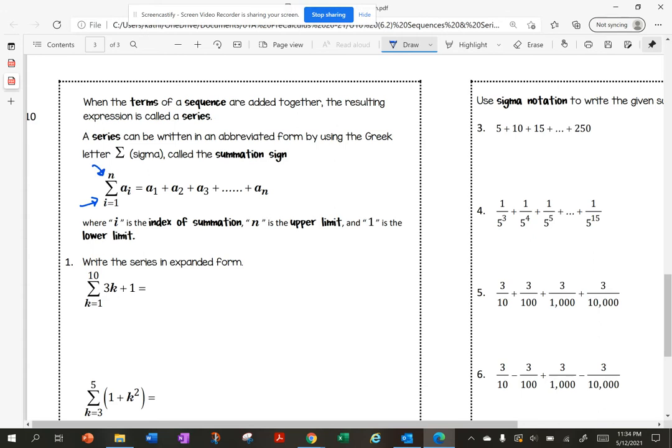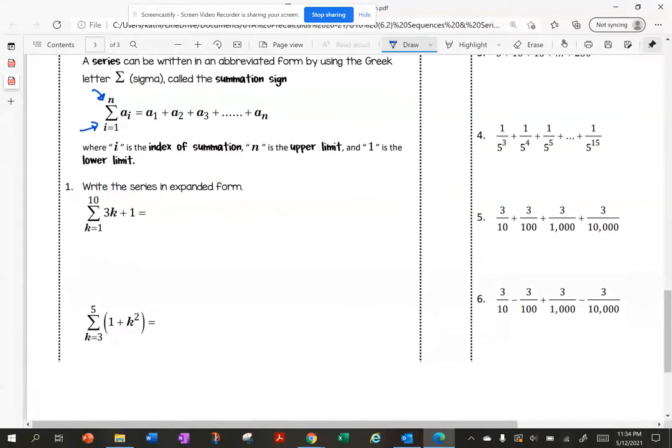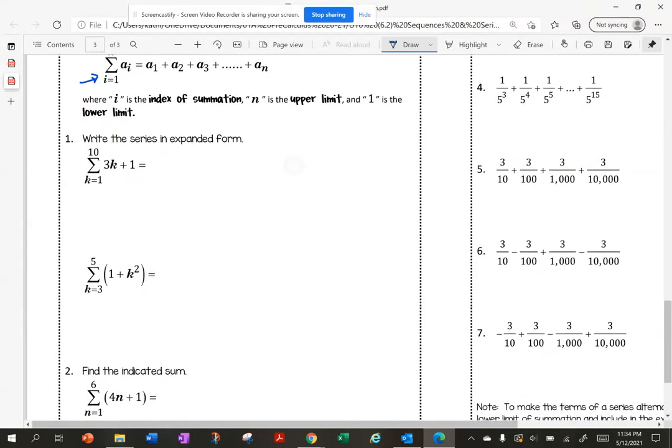And 1 is the lower limit in this example. So my whole series, if I expand it out, looks like the first term plus the second term plus the third term. Okay, so how do I write this in expanded form?